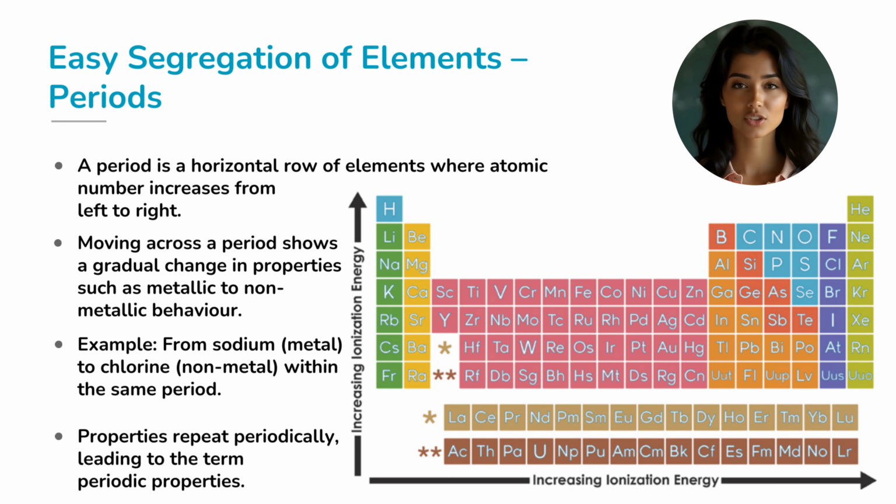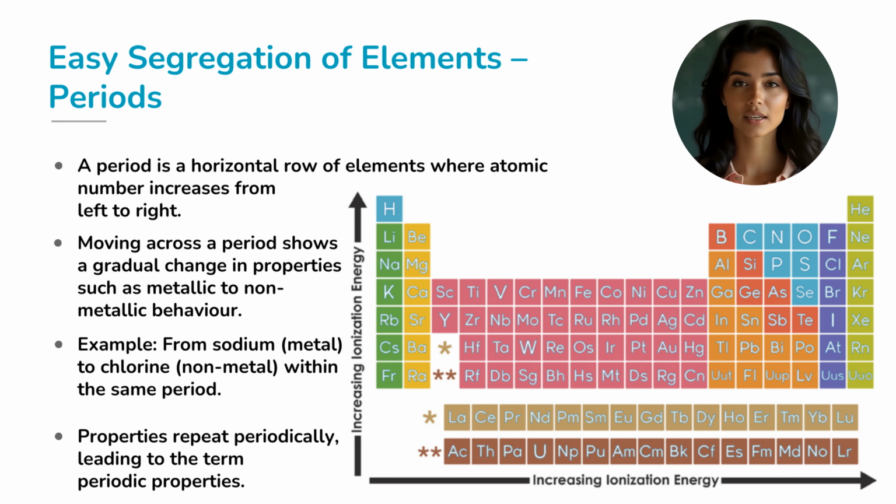But chemistry is not just about families, it's also about journeys across a row called periods. Move horizontally across the table, and you'll see the atomic number increasing step by step. With each step, electrons are added to the same shell and properties change gradually.